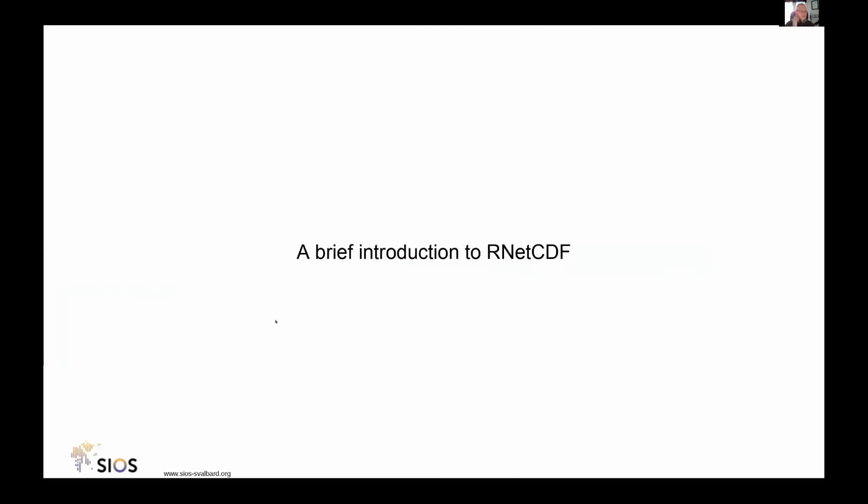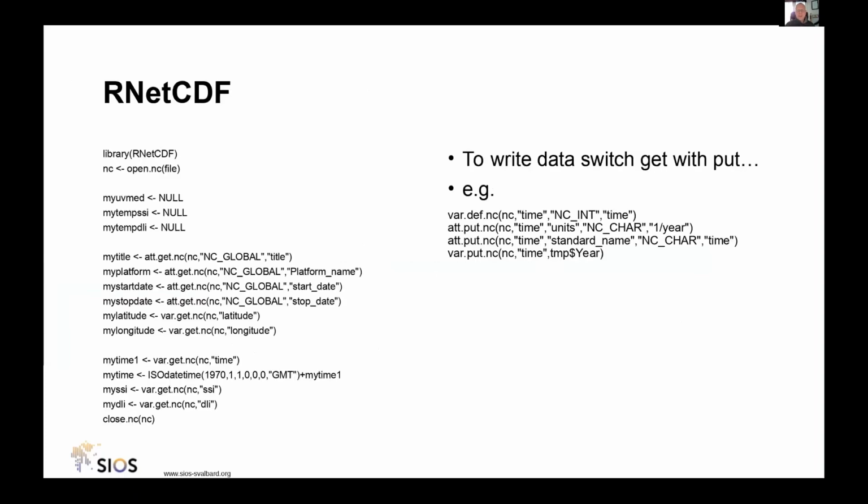Then it's just a very brief introduction to RNetCDF, also how to work with NetCDF in the R environment. I personally am using the RNetCDF package, which is quite similar to the Python package netCDF4. It's basically the same steps that you have to do. You have to identify the library that you are using, so RNetCDF. You have to do every tedious step of the dataset. So open the file, and then you have to go through and get the content of the file: get the attribute, get the variable.